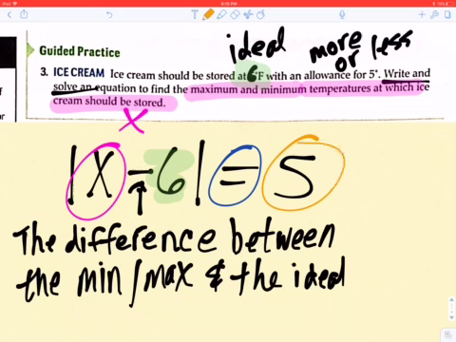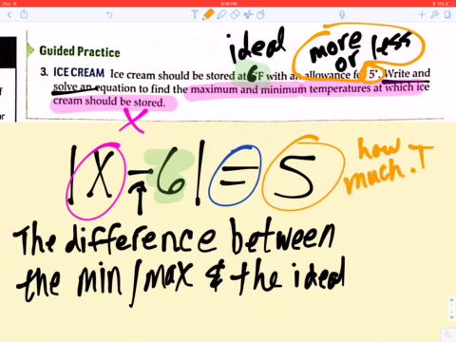5. The number on the outside is the amount that I can have more or less. It is how much I'm allowed to be off.